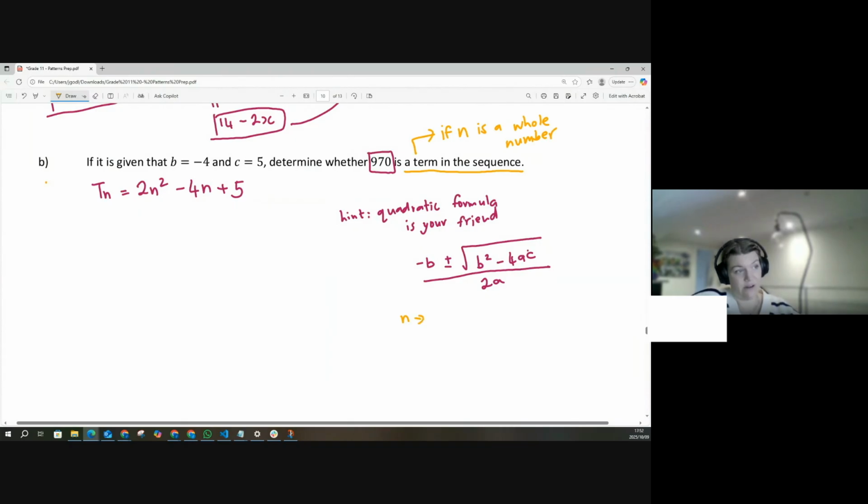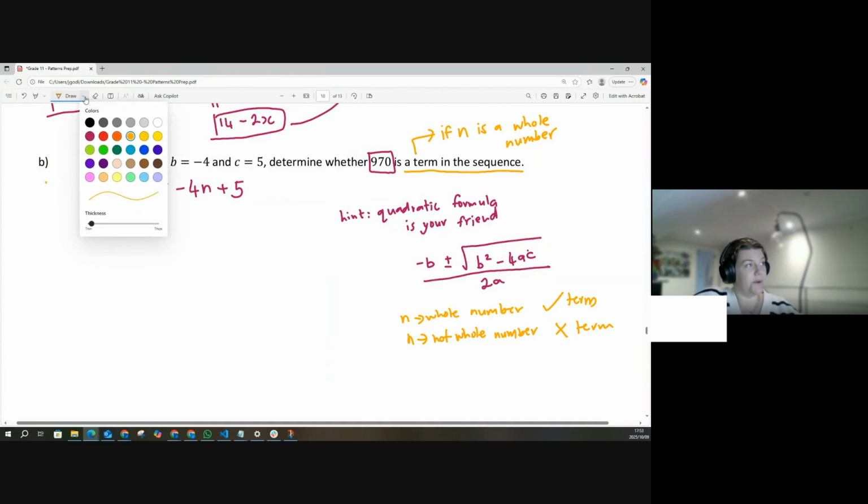So n whole number, term. N not whole number, not a term. Okay.